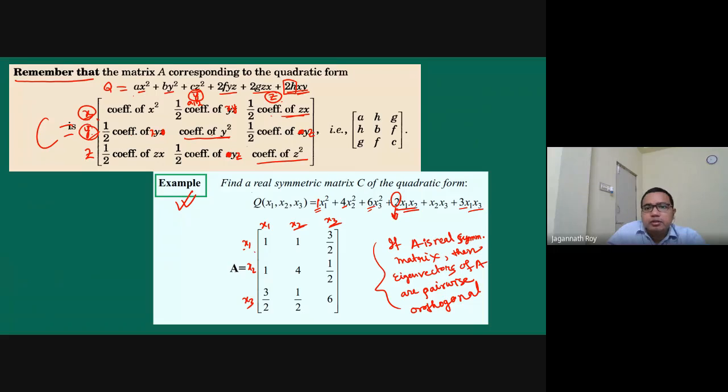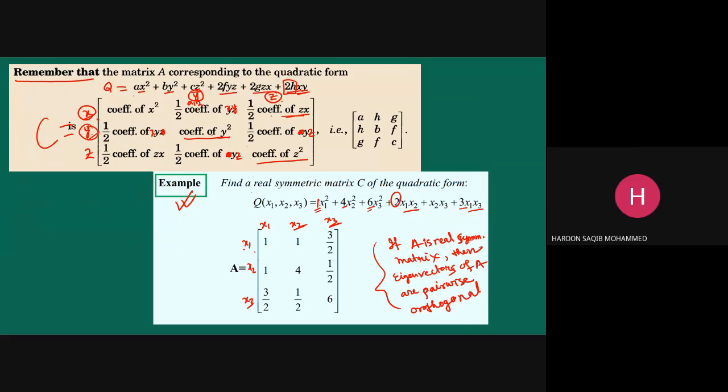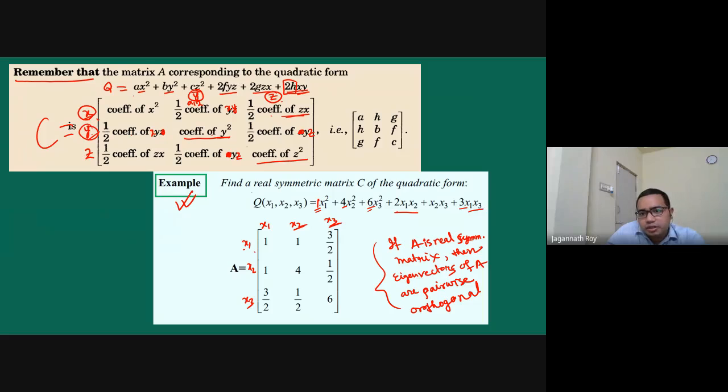X2, X1. Yeah. See, the coefficient is actually x1 and x2. Yeah. Okay, the coefficient of x1 into x2. So whether you write it x2 into x1, that does not matter, in which order you are writing.